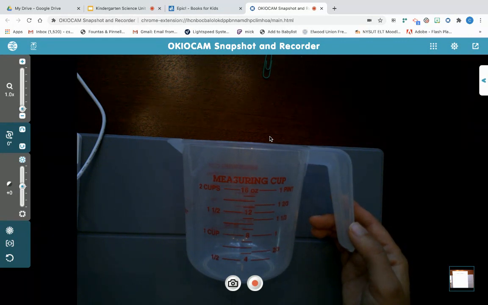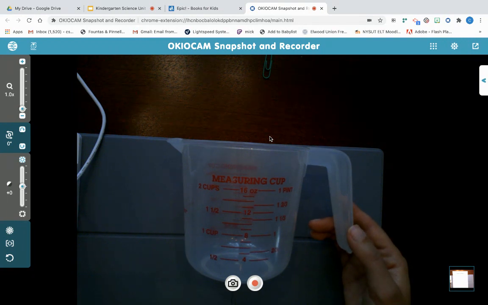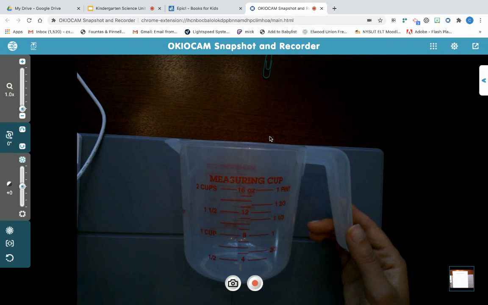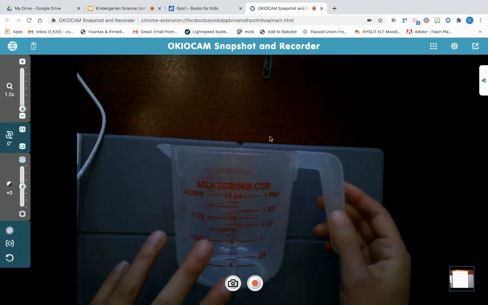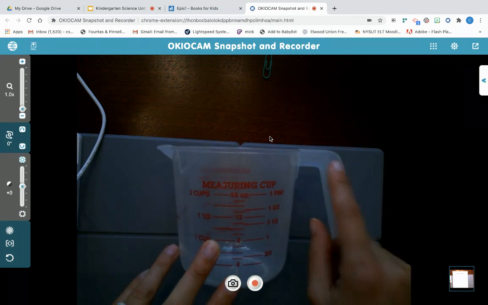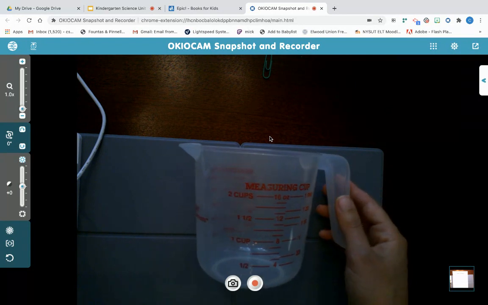And when I count down from 3 to 1, I want you to name this science tool. 3, 2, 1. You're right. This is a measuring cup. It looks very similar to a beaker. The only difference is that a measuring cup has a handle.